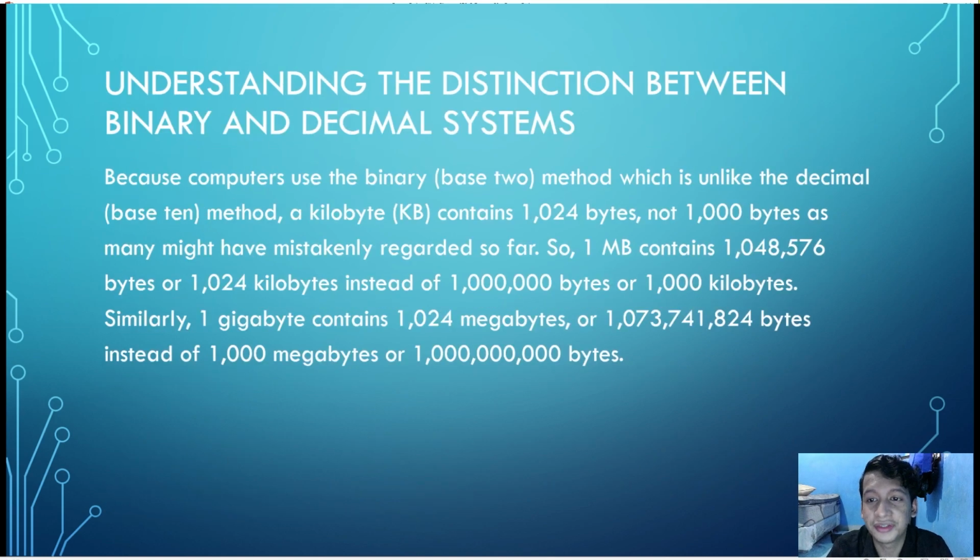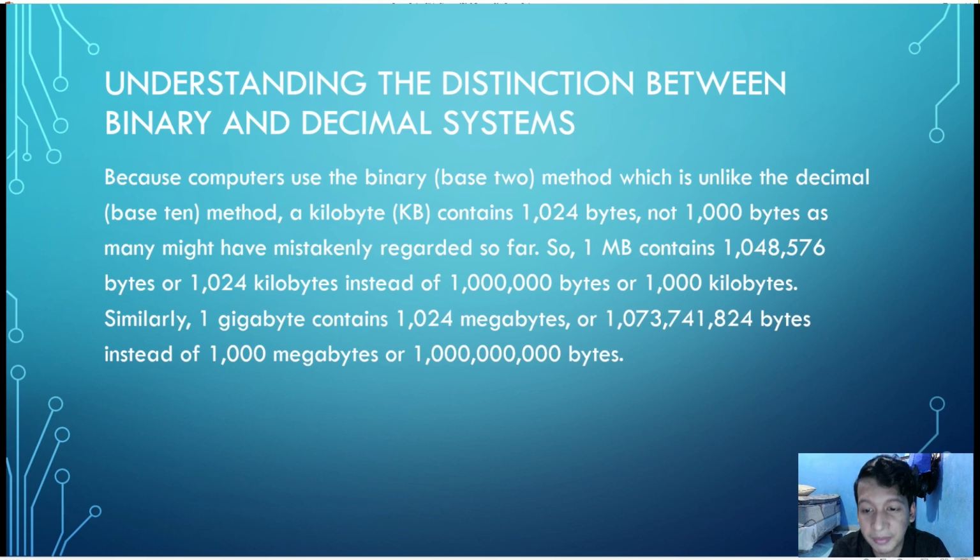Understand the distinction between the binary and decimal systems, because computers use the binary based 2 method, which is unlike the decimal based 10 method. A kilobyte contains 1024 bytes, not 1000 bytes, as many might have mistakenly regarded so far.